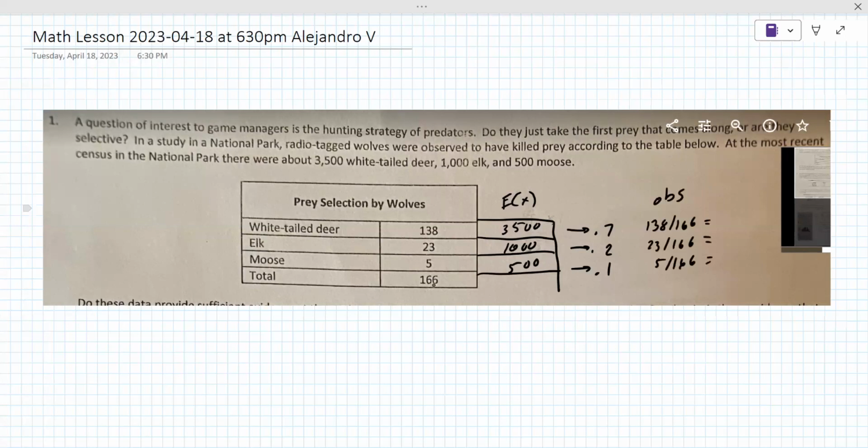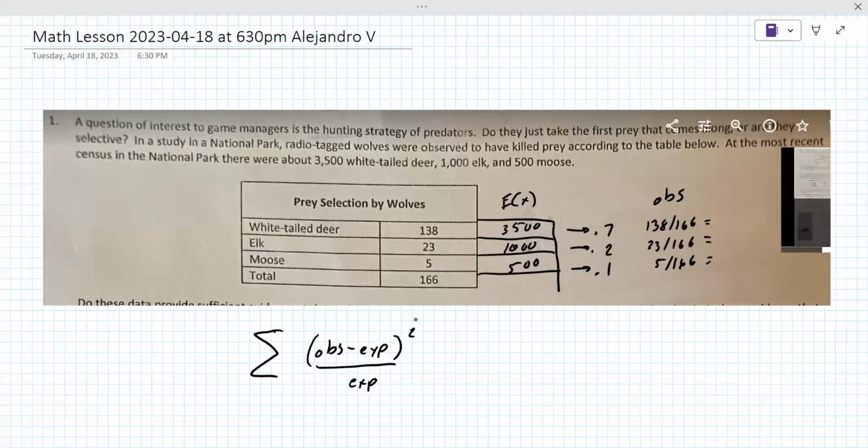And I know we've been pretty heavy on using the calculator. What I don't recall is if you can use the calculator with this information. I think you've got to do the by hand summation of observed minus the expected squared over the expected.